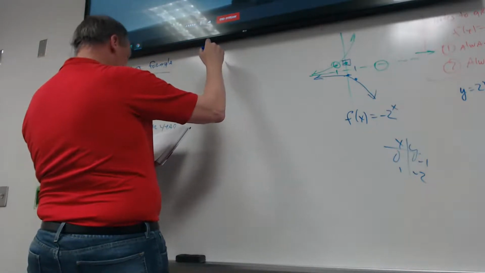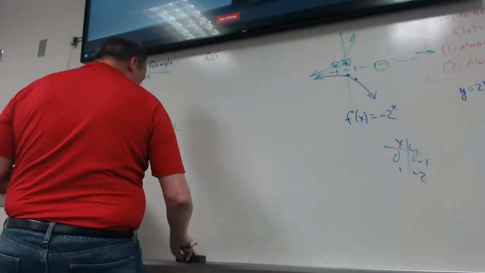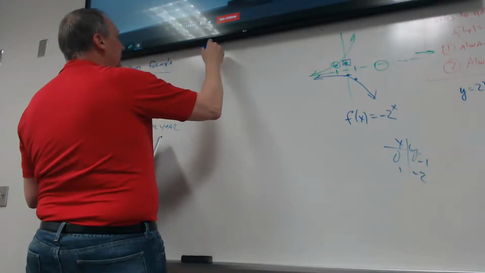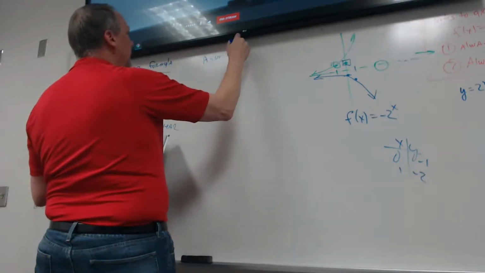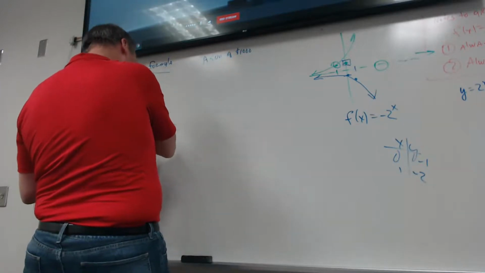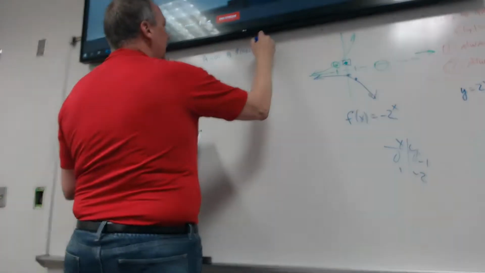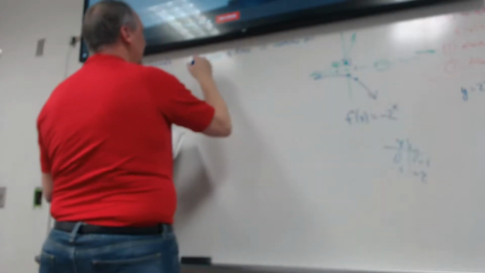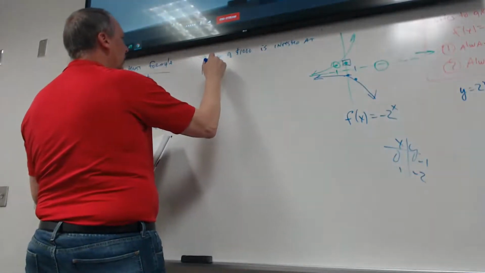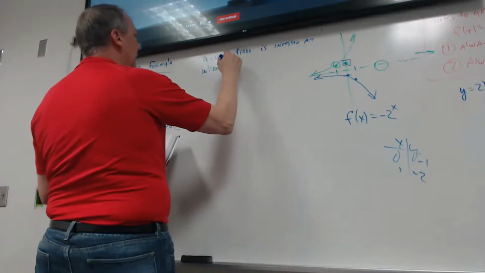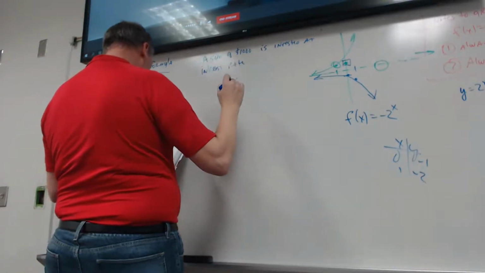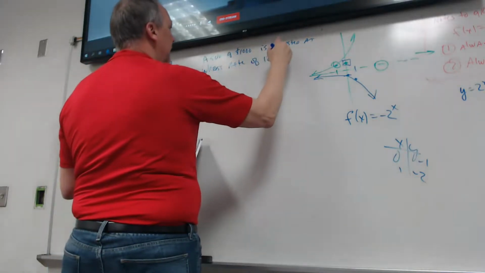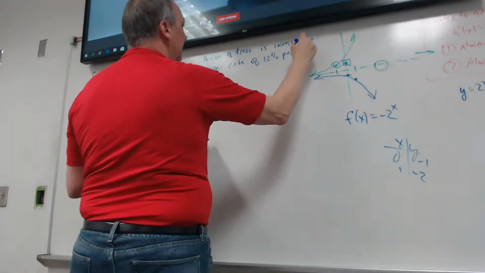They say calculate, or actually, let's do it this way. A sum of $1,000 is invested at an interest rate of 12% per year.